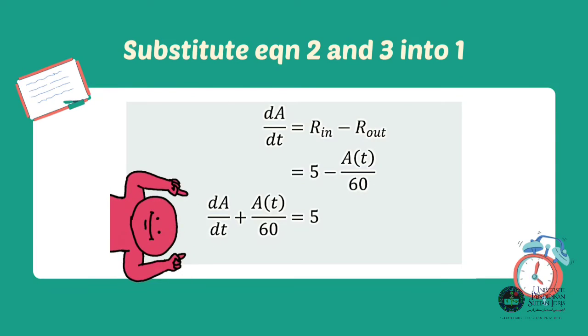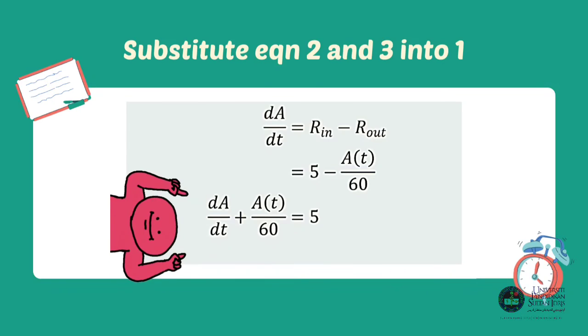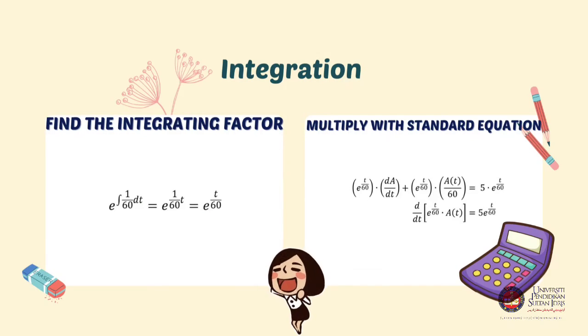In standard form, arrange it as dA over dt plus A(t) over 60 equals 5. To solve this, we need to find the integrating factor, which is e to the power of the integral of 1 over 60 dt, equal to e to the power of t over 60.